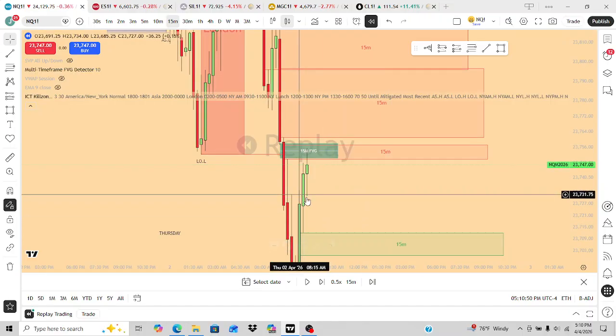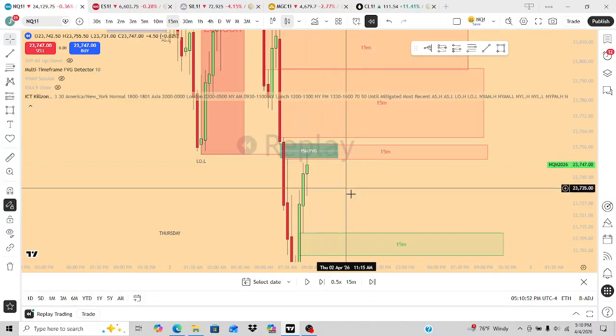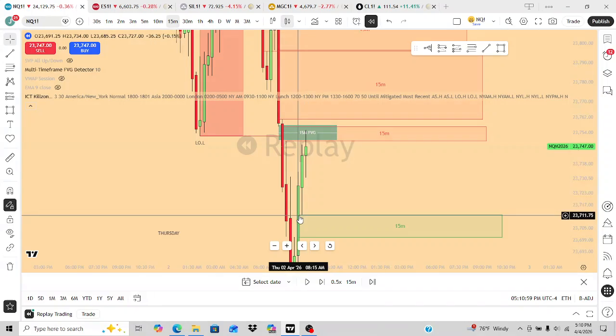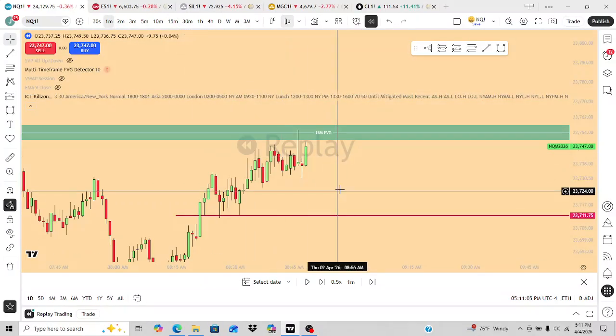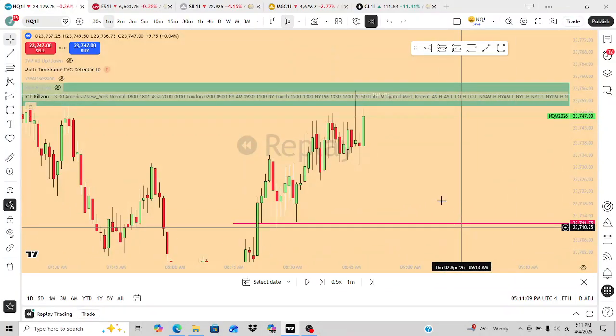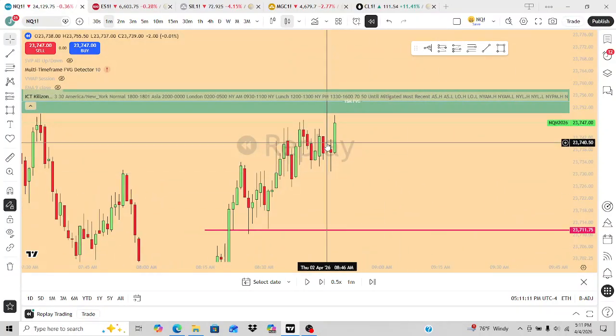So we finally tag up to this 15-minute fair value gap, and then I don't see anything really holding us down until we get down to here. But even then, that's still quite a ways away. So right now, I'm looking for just clear rejection off of this 15-minute fair value gap, followed by something getting inversed. So I'll go ahead and explain that whenever that does occur.